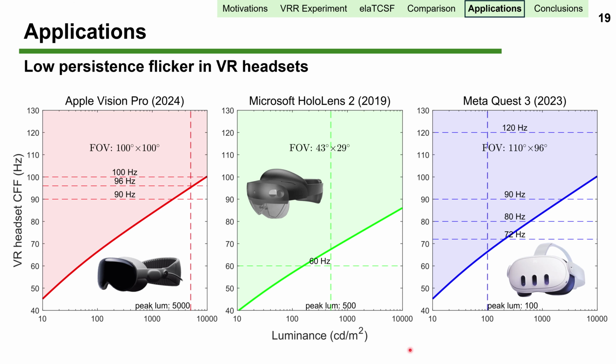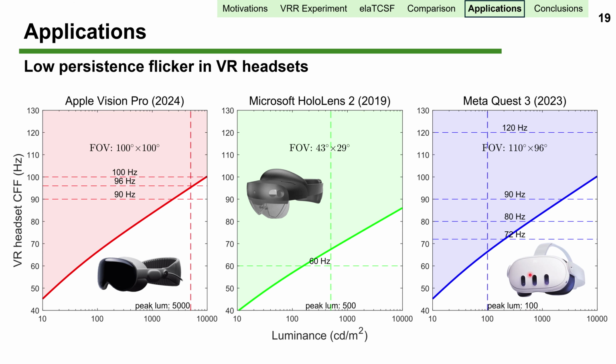The x-axis represents the luminance and the y-axis represents the CFF, the threshold frequency for flicker visibility. elaTCSF can predict the CFF luminance relationship with curves. The area above the curve indicates that the flicker is invisible, while the area below shows potential flicker visibility. Vertical dashed lines mark each headset's peak luminance, and horizontal lines represent their official refresh rates.